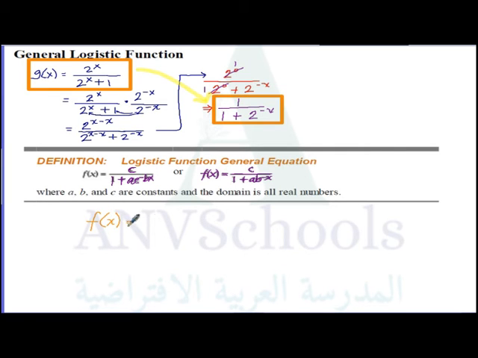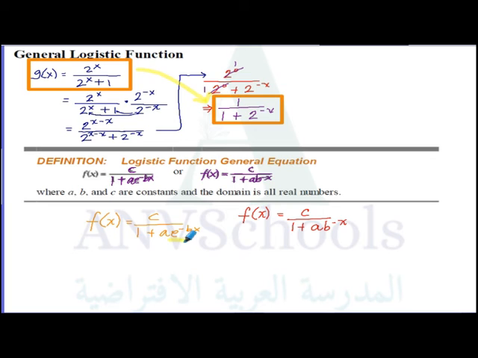So f of x is equal to c over 1 plus a e to the negative bx, and the other one is f of x is equal to c over 1 plus a b to the negative x. Notice that we have two different types of bases. The first base is e.